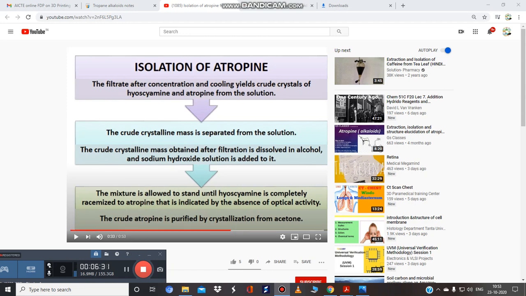Now we add again a basic substance, sodium hydroxide, dissolved in alcohol. Then the mixture is allowed to stand until hyoscyamine is completely racemized to atropine, because atropine is basically a racemic mixture, and in this case you will obtain your crude atropine.